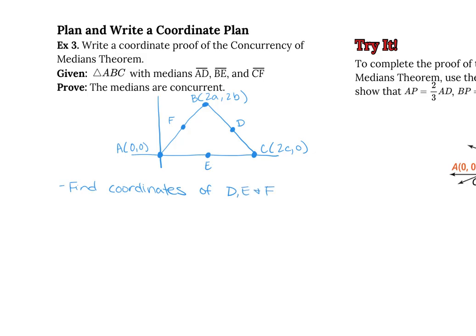So to find my midpoint of D, I would have 2a plus 2c divided by 2, and then 2b plus 0 divided by 2. So my midpoint for D is going to end up being a plus c. Let me write that a little bigger. a plus c. And then my y is just going to be b.